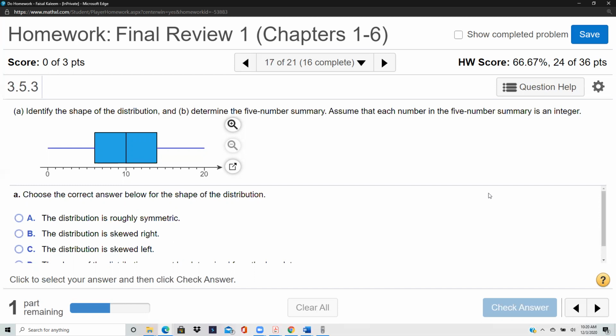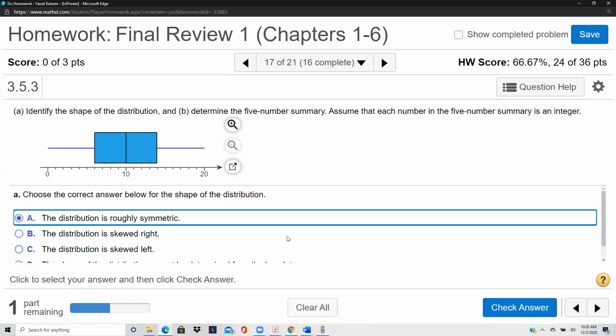So, what do you think this is? Roughly symmetric. And when will it be uniform? So you see, the 5 key numbers are this starting number, this, this, and this.